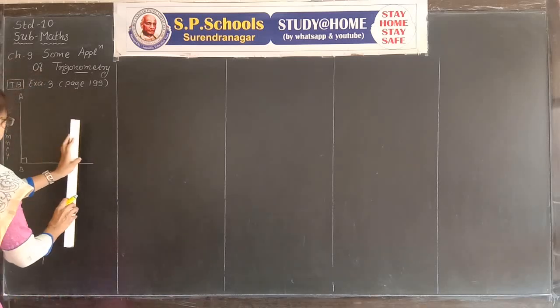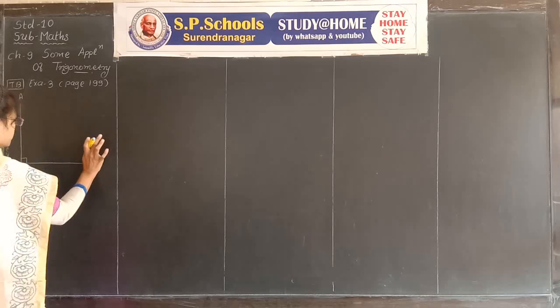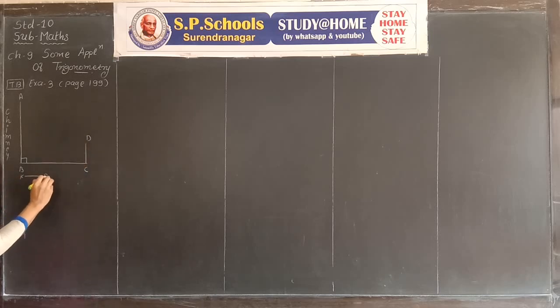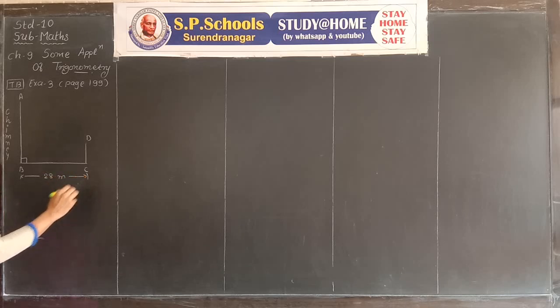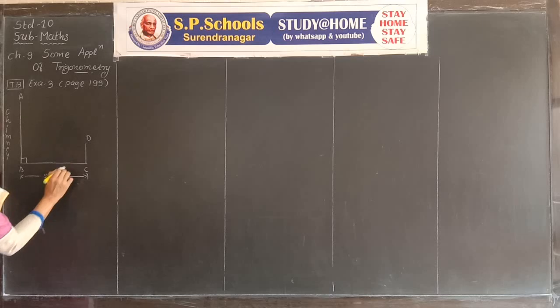One observer stands here, but the observer CD is 28.5 meter away from the chimney.